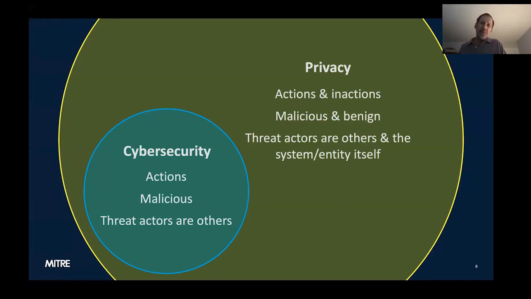A system which is doing something which compromises privacy, and again, not necessarily because that's the purpose of the system, but one way or another, privacy is being compromised, and therefore the system itself is actually the threat actor. So in all those ways, when we think about privacy threats, we have to broaden our thinking beyond what's typically the case for cybersecurity.